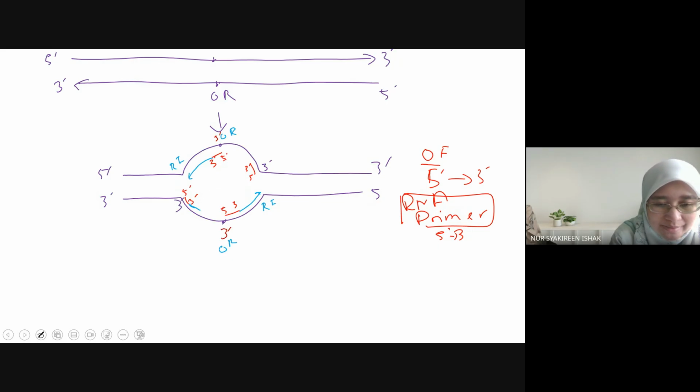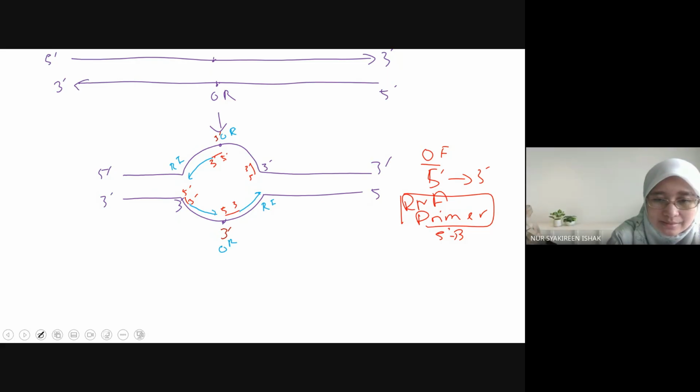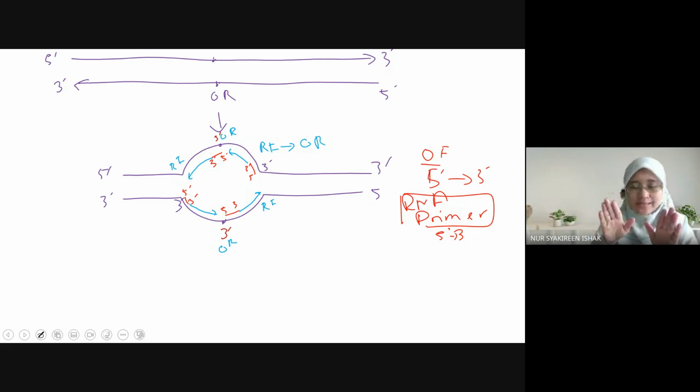So DNA polymerase add sama juga. The synthesis of the Okazaki fragment is from the replication fork towards the origin of replication. So this is the synthesis of the first Okazaki fragment.